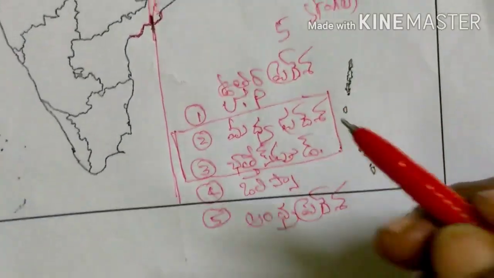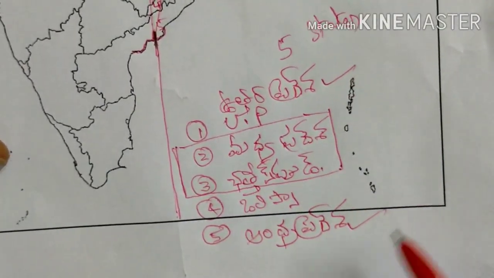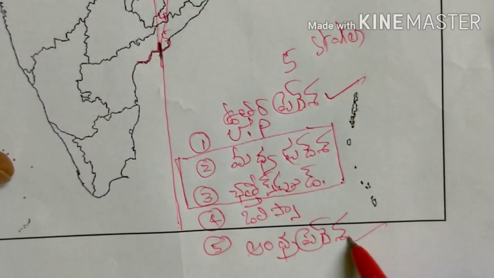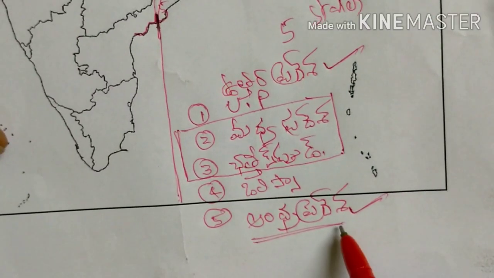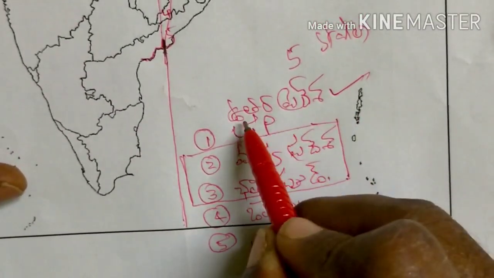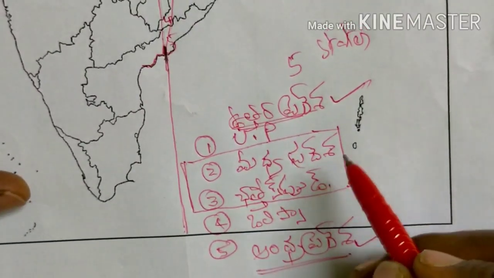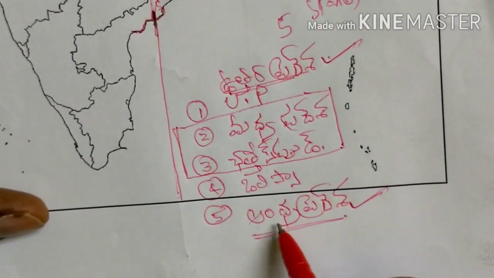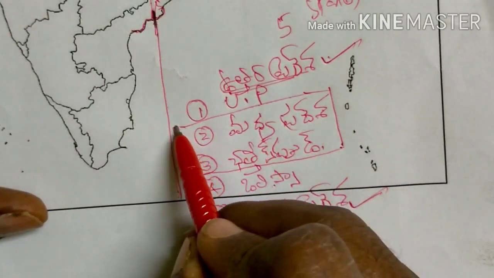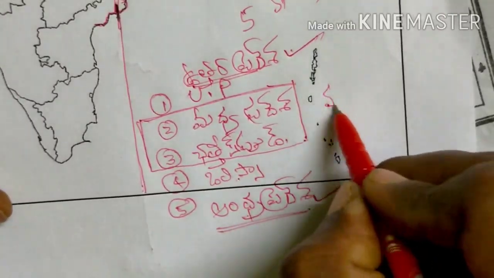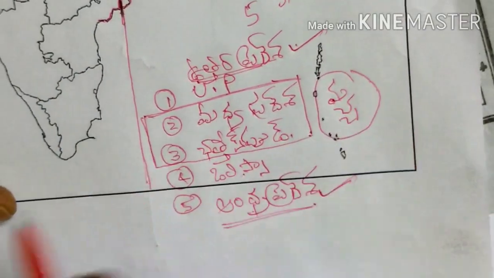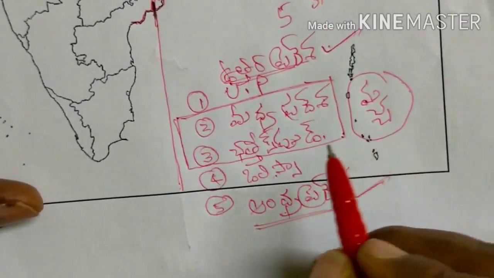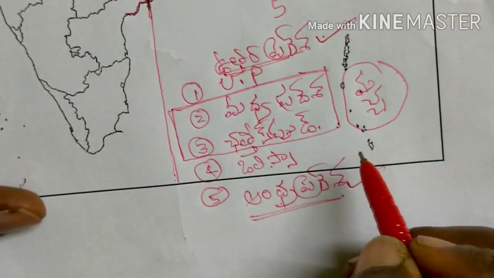We easily remember the first one and last one. First one is Uttar Pradesh, last one is Andhra Pradesh. Orissa is located north of Andhra Pradesh.